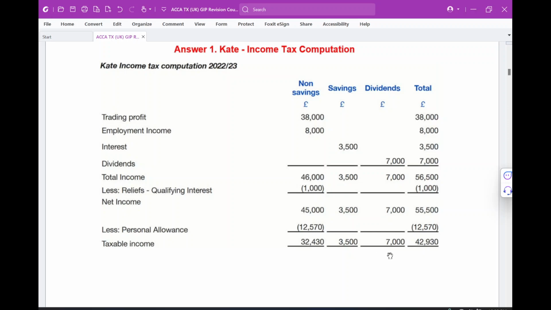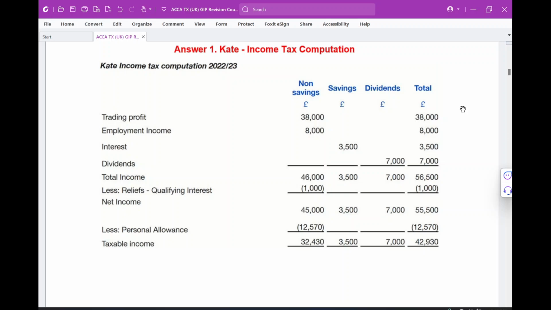Our final column here is taxable income. And we'll see across the board that we have taxable income in total of 42,930, split into three main parts. Now, you recall when I talked about the breakdown of an income tax computation that there are four main parts.